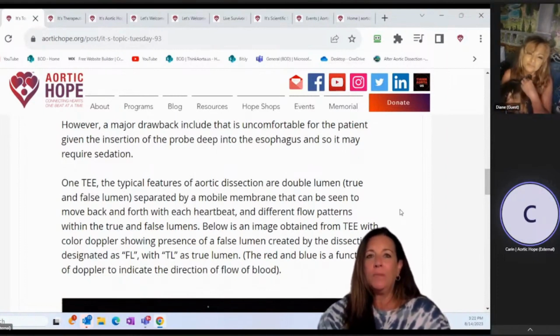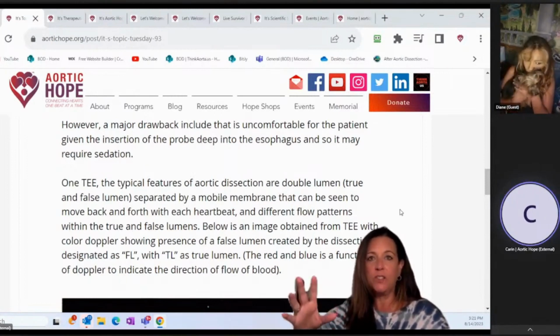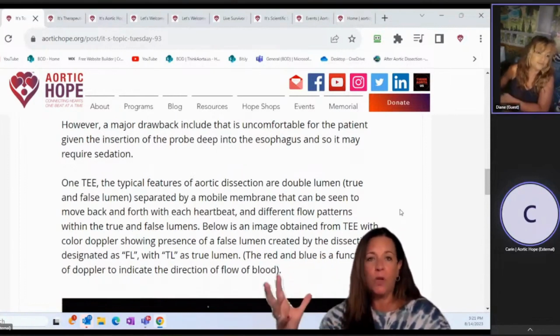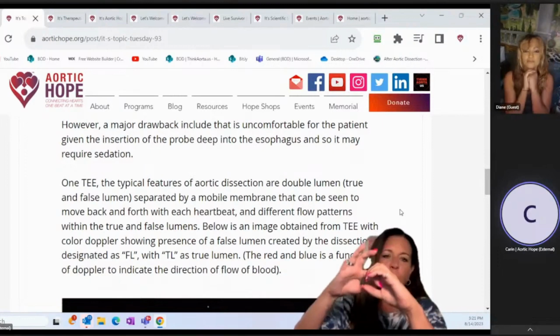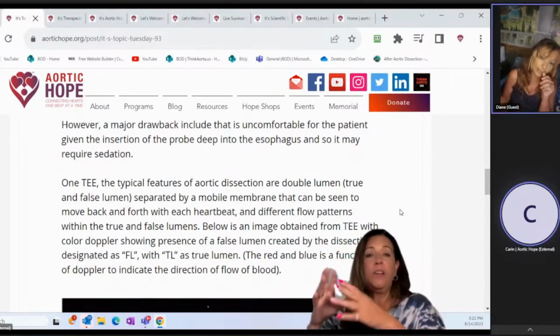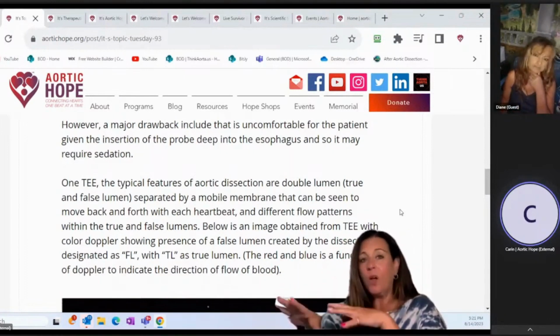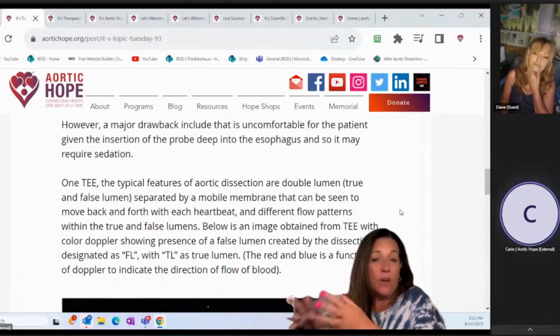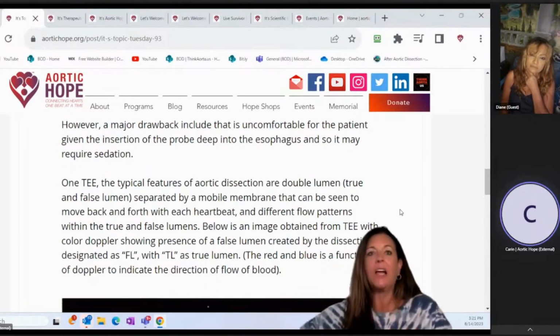I'm not sure what the sentence is, but the typical features of an aortic dissection are that you have a double lumen, which is a true lumen and a false lumen. When you think about a tube, if you dissect and part of it comes away, it creates two channels. The true one feeds the blood flow to everything else. The false one does not go anywhere. And typically, you almost hope it thromboses or forms a clot throughout.